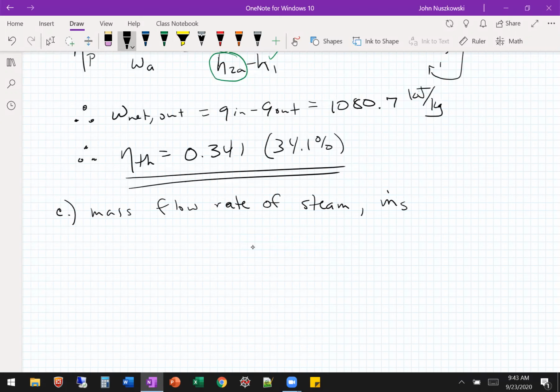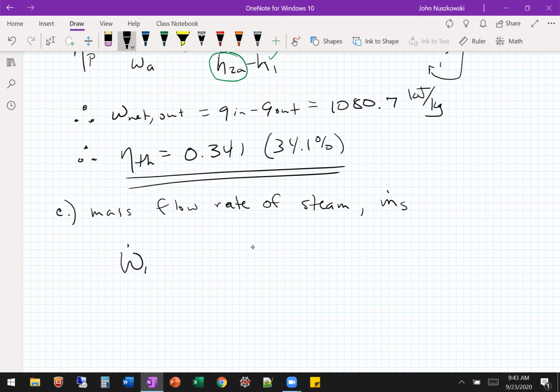So any ideas? We can use the power output. Yeah, the power output. Okay, so the net power output that we're given has the energy per unit time, right? So it has that time part. So that's where we bring in.